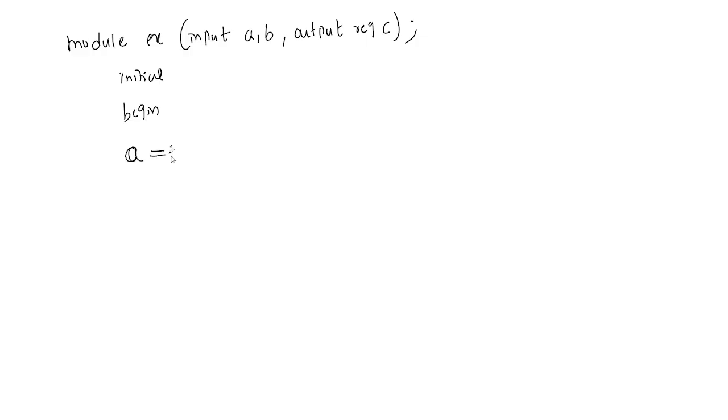Next, suppose a module example. I'm using input a comma b, output reg c, initial begin, suppose c equal to 0 and end. I'm giving another initial a equal to 1, end module.